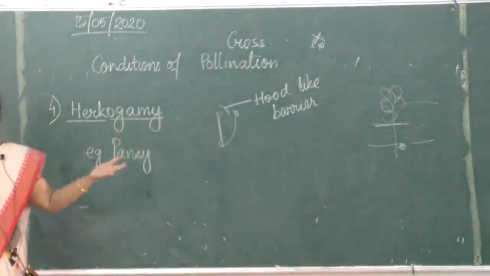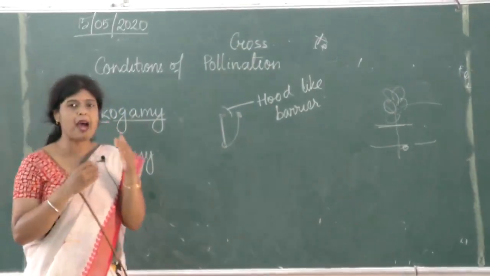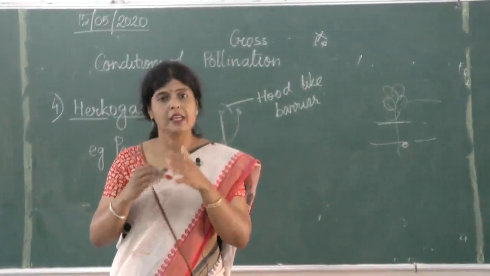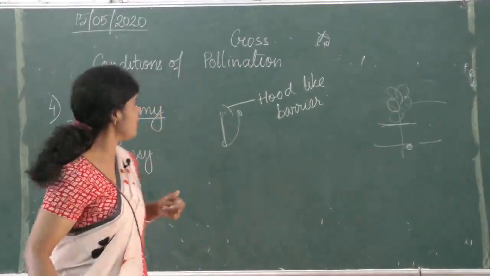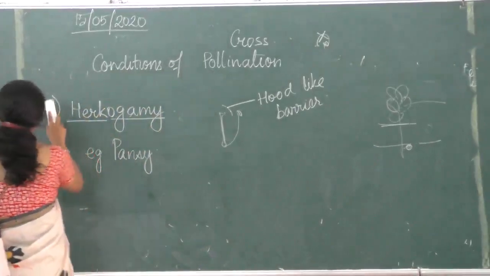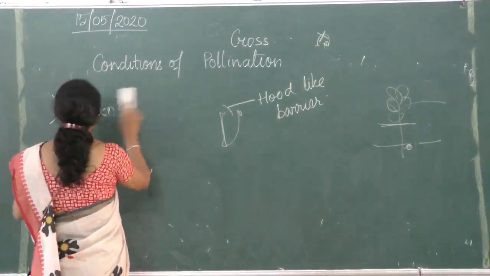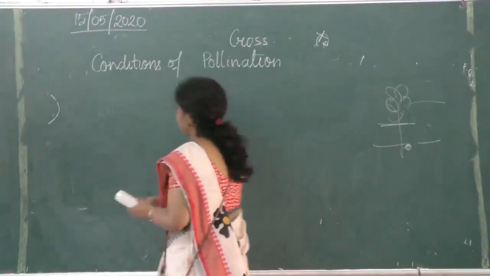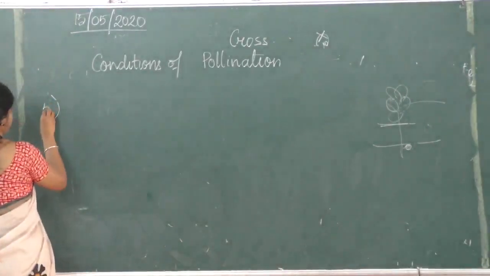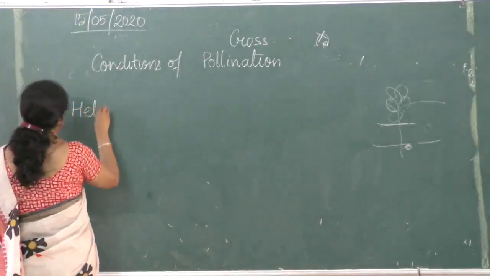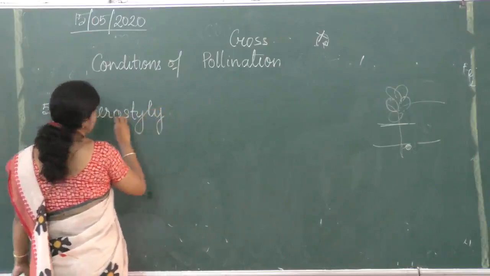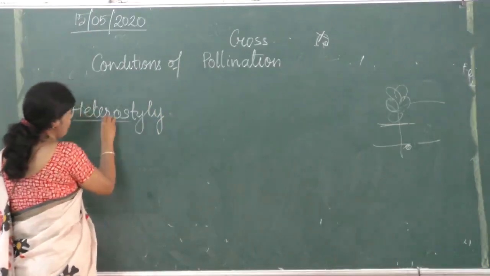Pansy doesn't allow self-pollination because there is a hood-like barrier between androecium and gynoecium, or we can say pistil and stamen. Is it all right? The last one is heterostyle.